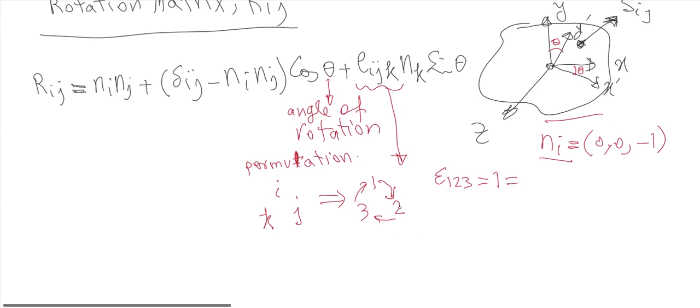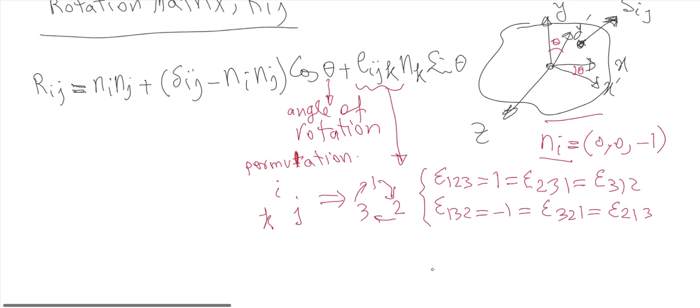Similarly epsilon 2, 3, 1. They should be in order. And similarly epsilon 3, 1, 2. But if you go in the opposite direction, like 1, 3, 2, it is minus 1. Similarly 3, 2, 1, and similarly 2, 1, 3. So these are the values. If you go in one direction, it is defined as 1, otherwise it is minus 1.